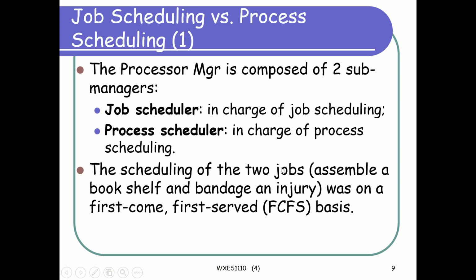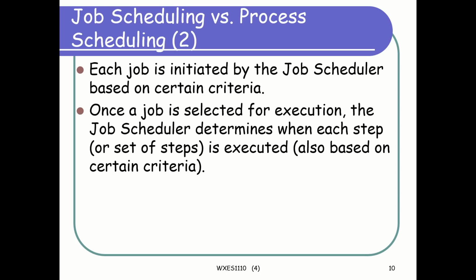The scheduling of the two jobs, assemble a bookshelf and bandage an injury, was on a first come first serve basis, just like first in first out. Each job is initiated by the job scheduler based on certain criteria.